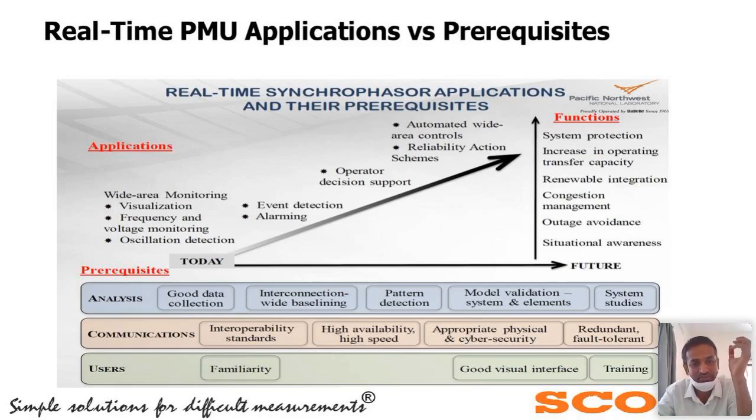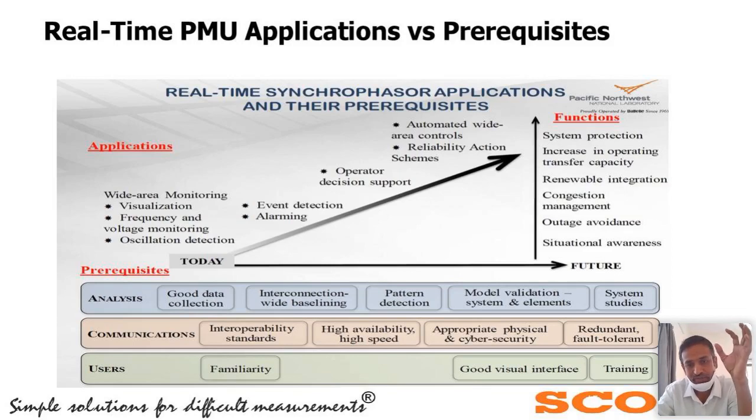For communication purposes, high-speed data is very important. Nowadays we are moving ahead from 3G to 4G, 4G to 5G, so I think in the future it may not be a problem for high-speed data transmission.